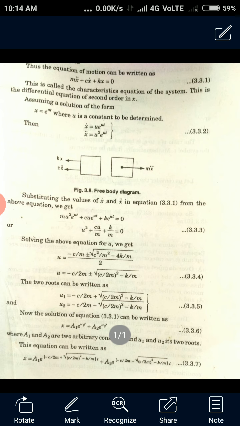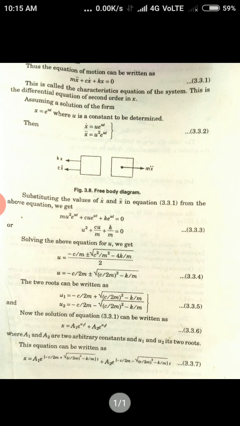Now substitute x dot and x double dot in equation 3.3.1. We can write m into u square e raised to ut in place of x double dot, plus c into u e raised to ut in place of x dot, plus k into e raised to ut equal to 0.